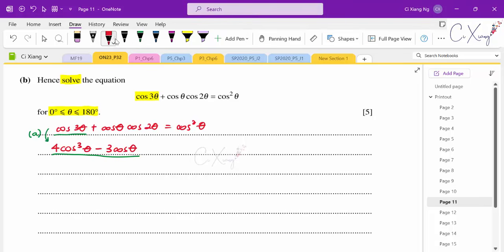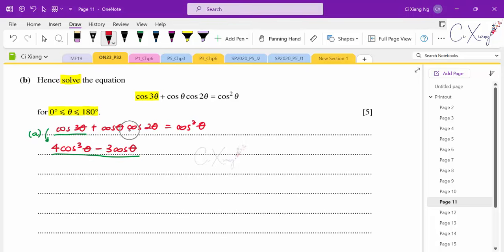Okay, then to solve the equation, you can try to change everything to cos if you want. Alright, so this is what I can think of for now. For this one, I'm already having cos power 3 theta.